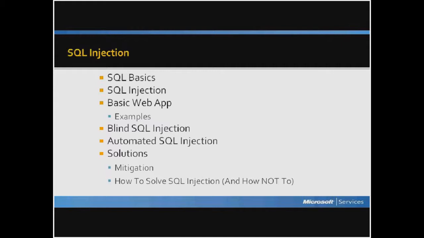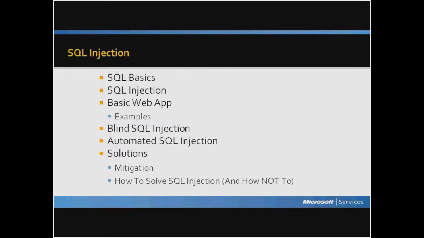So what I want to go through, I want to talk about some SQL basics at a very high level, what SQL is and what it does, which is important because it's going to illuminate the rest of what we talk about. And then I want to talk about SQL injection, what it is. It's certainly one of the most prevalent attacks we see against web servers and against web properties. But talk about in some more detail what SQL injection is and how it works.